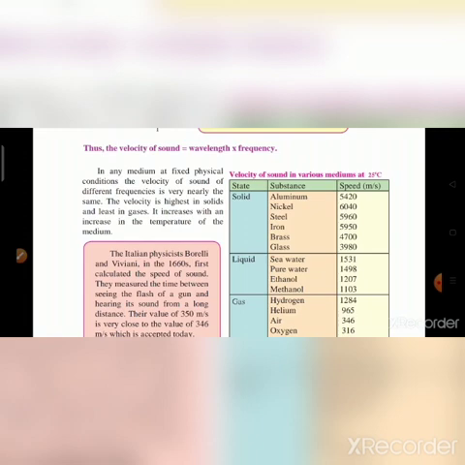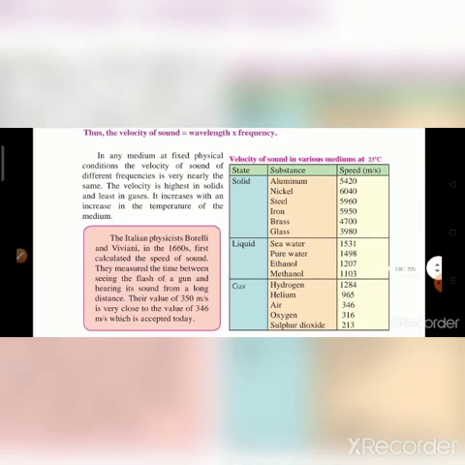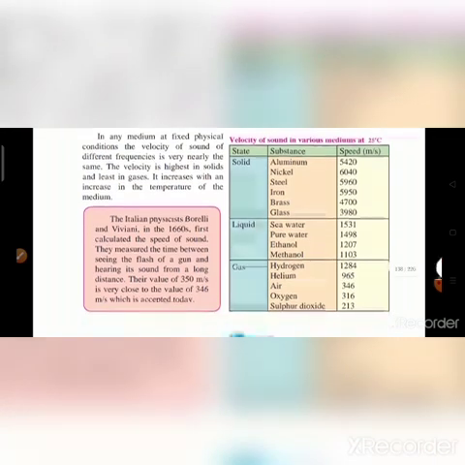Aluminium speed is 5420, whereas it decreases depending upon the material. In liquid, you can see it is slower, and in gas it is the lowest.